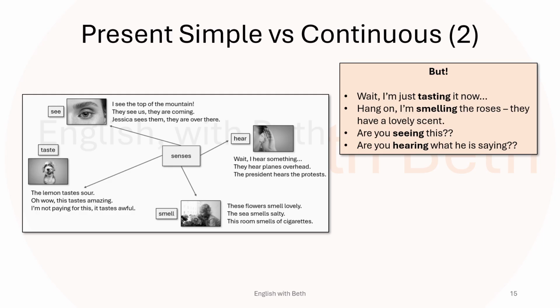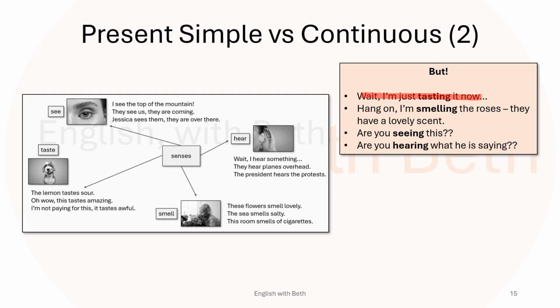So if we are using taste and smell as action verbs rather than linking verbs, we can use them in the present continuous. So in this box here, wait, I am just tasting it now.